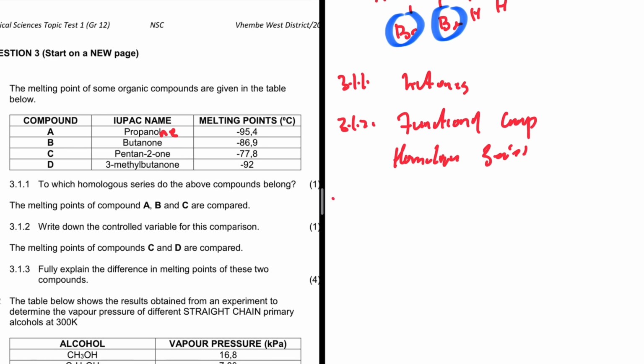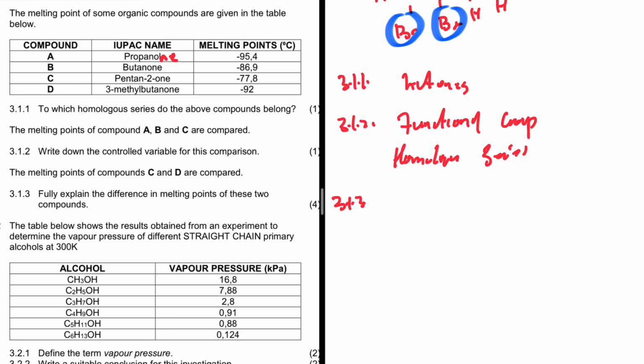Okay, and then 3.1.3, the melting points of compounds C and D are compared.